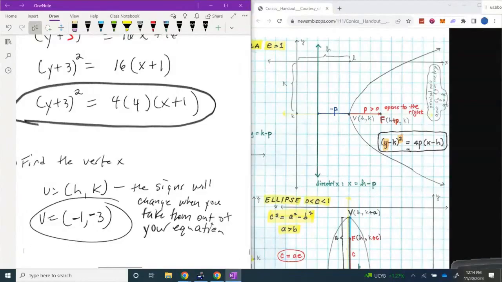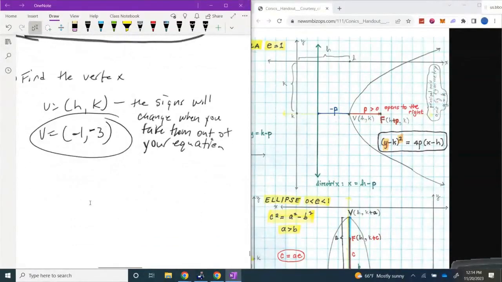When I substitute in K for -3 in this model form, I have Y minus a -3. And that double negative is going to give me what kind of 3? A +3 in my formula. So your signs will change for your vertex. Is everybody okay with the vertex?